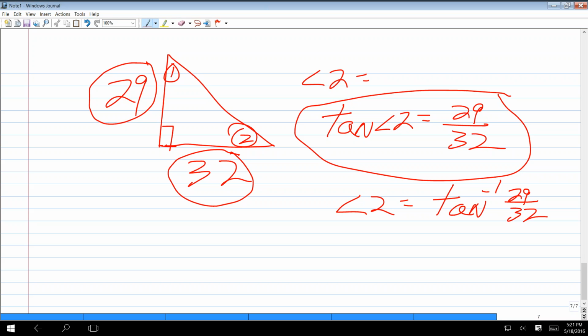I got 42.1. 42? Yeah, that sounds right. Because you know the other one's complementary, so this one has to be 47.9. This one's 42.1. They're going to be relatively close because 29 is relatively close to 32.